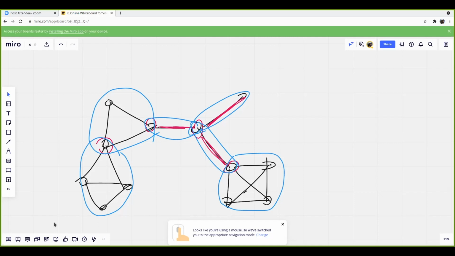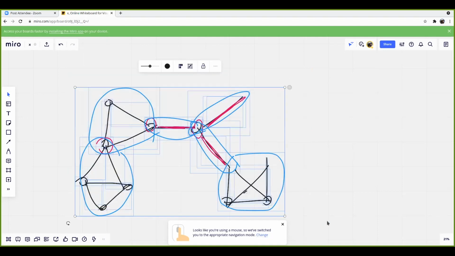And sometimes you can split a big problem along the bridges and solve it only for separate blocks and so on. So now the question is, how can we identify all of the bridges in a graph? How can we tell whether or not an edge of a graph is a bridge? And once again, DFS is giving us a tool to do this. So here's how it works.